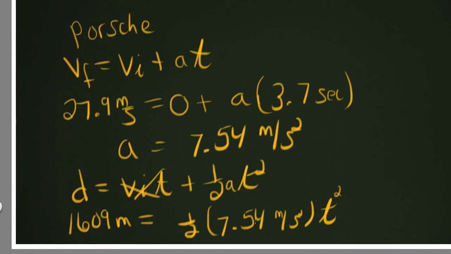When I solve this for t, I get 20.66 seconds. That is quite a bit lower than the prediction; I think they thought the time would be around 37. One thing we do not know for the Porsche is anything about friction between the tires and the road. We don't know about air resistance as well. These are all things we're going to cover in subsequent lessons in this unit.